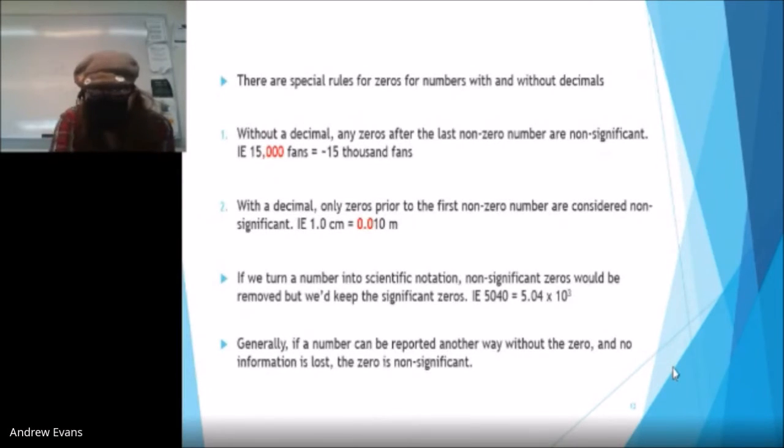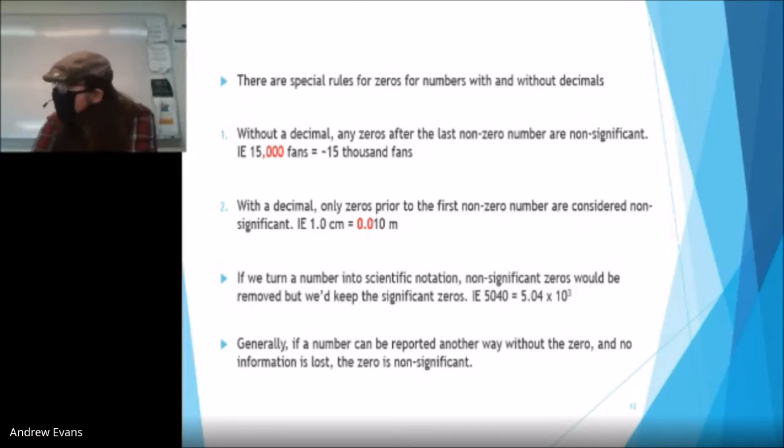So there's special rules whether you have a number with a decimal or without a decimal. When you have no decimal, you look to the last non-zero number and count left. So if I just said there's 15,000 fans at the stadium, I don't say 15,000 period. I just say there's 15,000 fans in the stands.